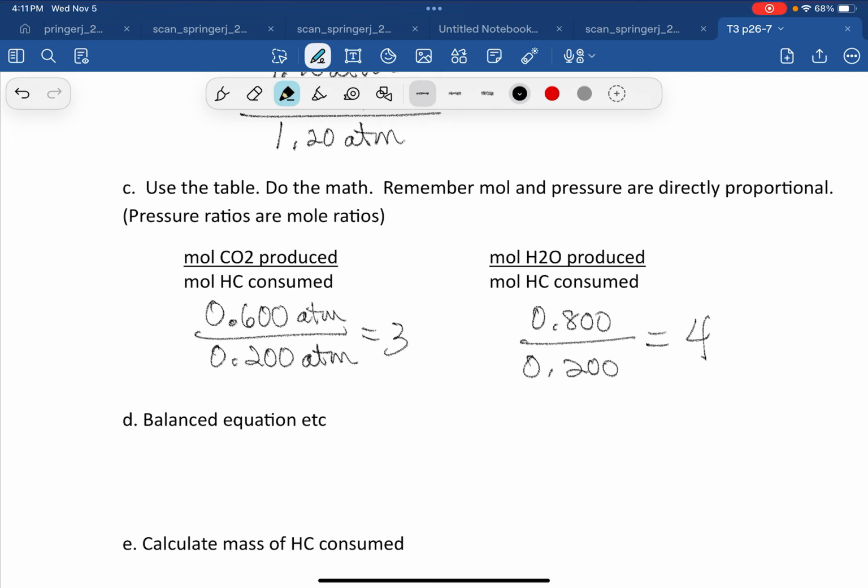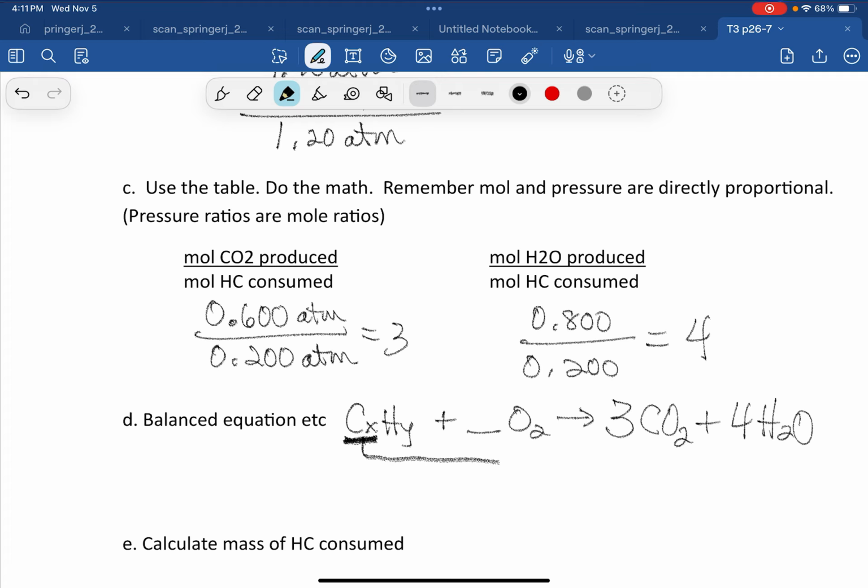So now it wants us to write a balanced equation. Well, it's CxHy, which we don't know what x and y are yet, plus a certain amount of O2, which we don't know what that is yet. But it's going to make 3 moles of CO2 and 4 of H2O. And all of this carbon here ends up here. So x is 3.